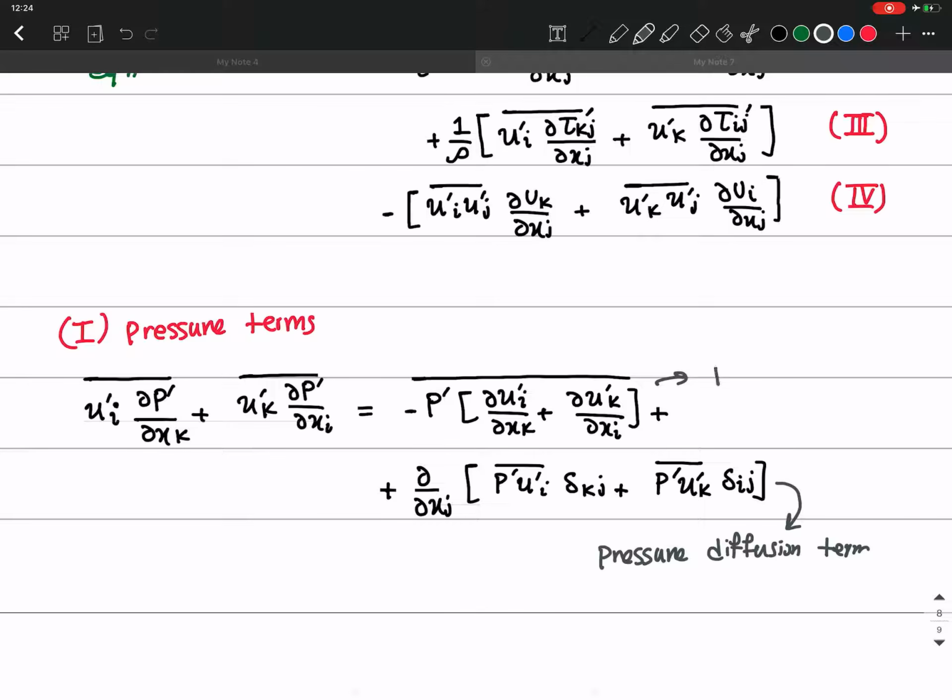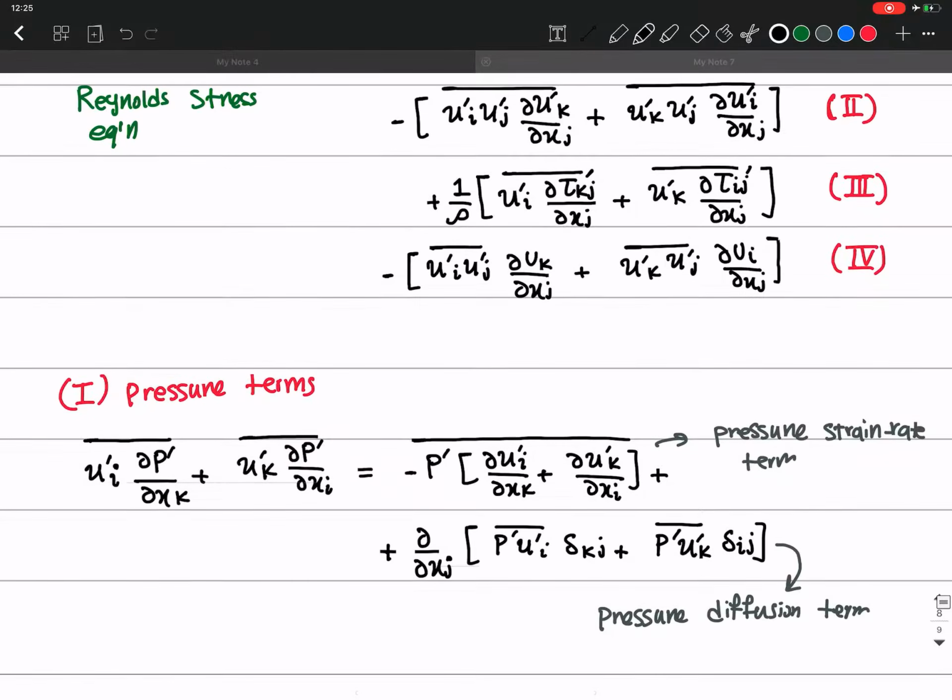And this term is called the pressure strain rate term, because we have strain rate there, and then we also have pressure. So it's showing the combination of these two. Okay, so we can rewrite the first term as this.